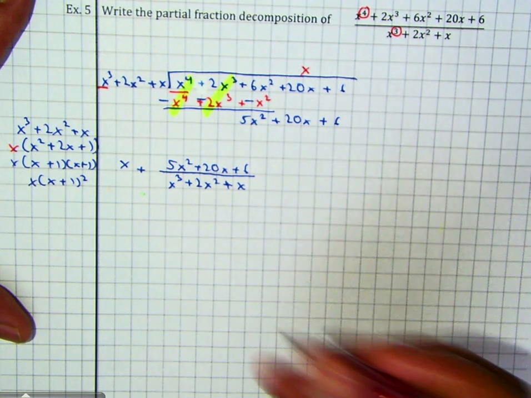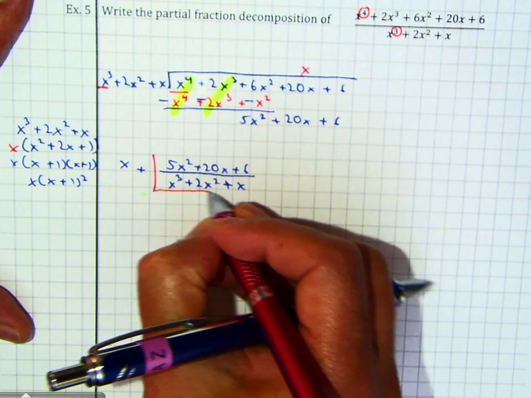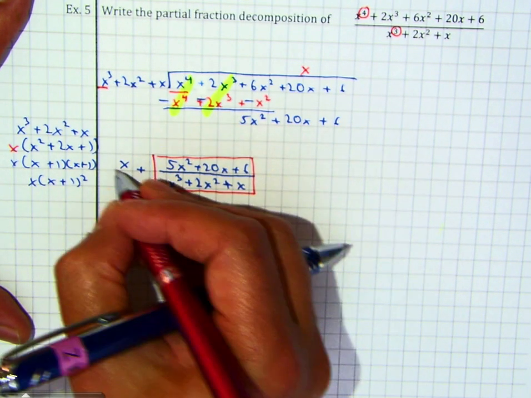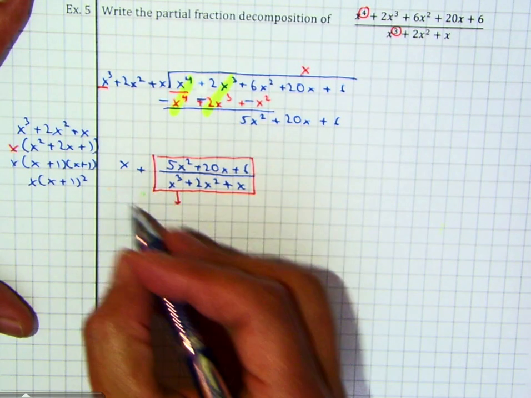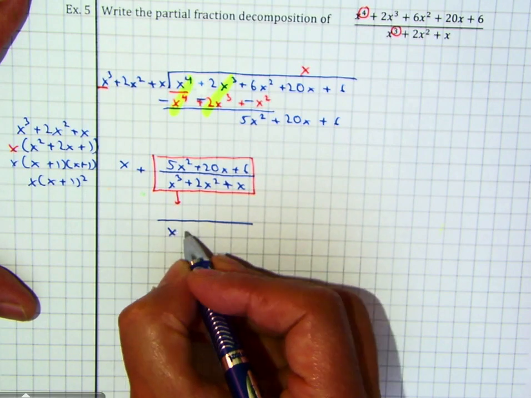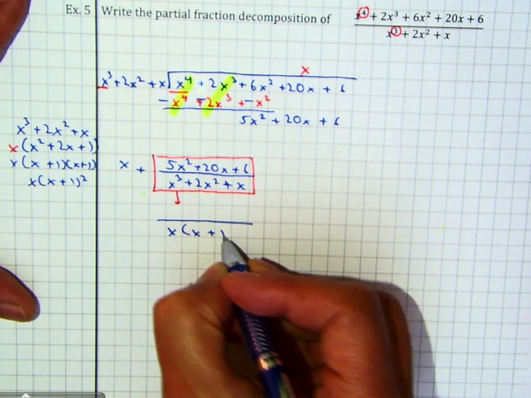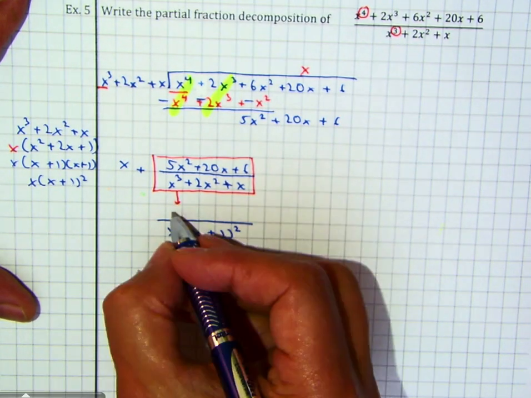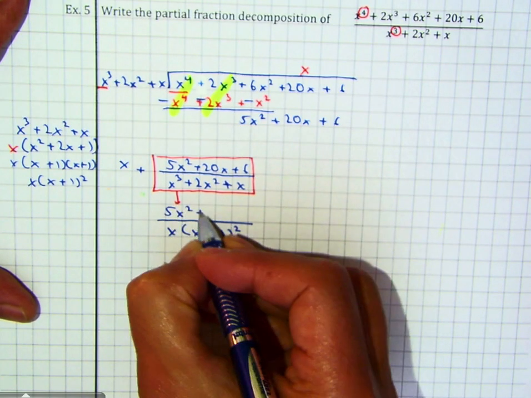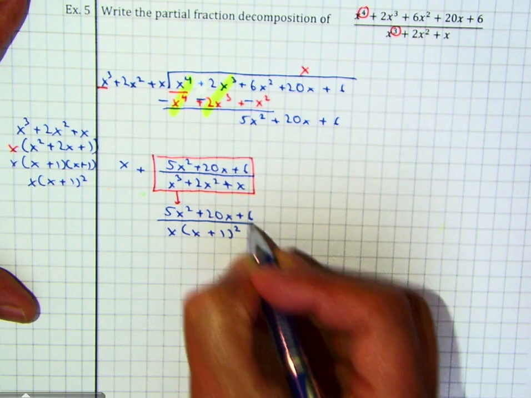Now, remember, I'm only going to use my fraction decomposition for this part. But I still have my x that I'm going to use as my final answer. So therefore, we have x plus 1 squared. And we have 5x squared plus 20x plus 6.